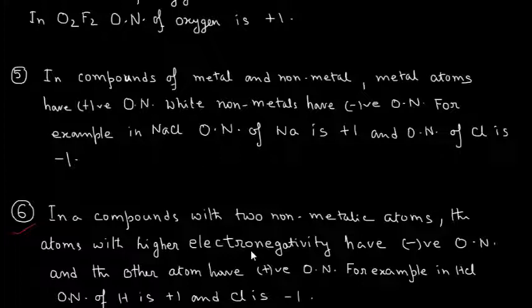For example, in HCl, the oxidation number of hydrogen is +1 and chlorine is -1 because chlorine is the more electronegative element, so its oxidation number will be negative. And the other element, hydrogen, its oxidation number will be positive. It is low. So chlorine, having higher electronegativity, has a negative oxidation number.